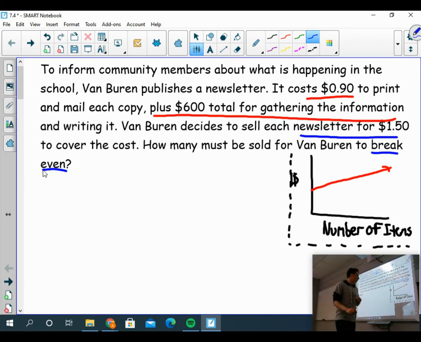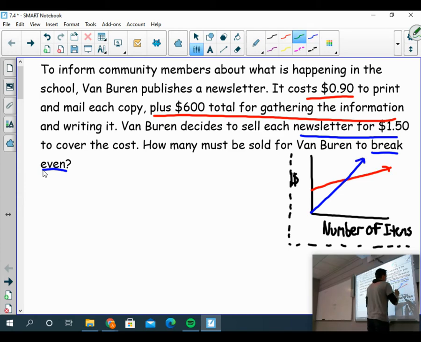And if we sell enough of them, because we are increasing at a greater rate, even though we start at $0 for how much money we're making, eventually our costs are going to be eclipsed by how much money we make. This green dot is known as the break-even point.